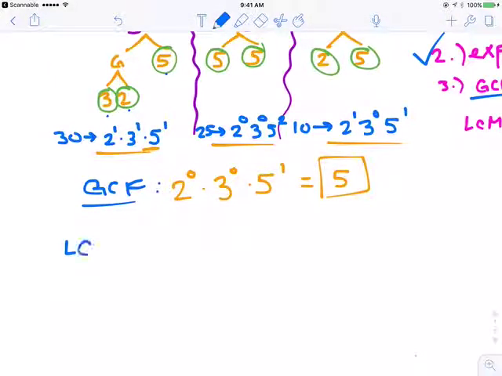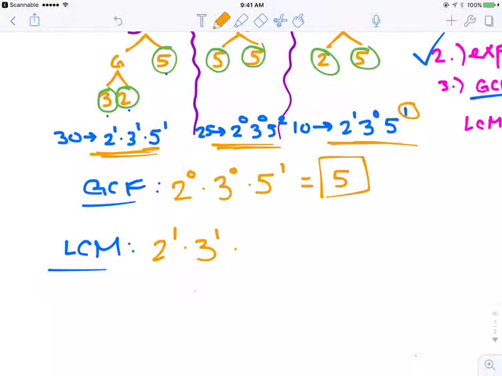All right, LCM. Watch how easy the LCM is now. Hey guys, stay focused with me, okay? This is new. Instead of choosing the lowest powers, we need to choose the highest powers. What's the highest power of 2 in all of these? 2 to the power of 1. What's the highest power of 3? What's the highest power of 5?